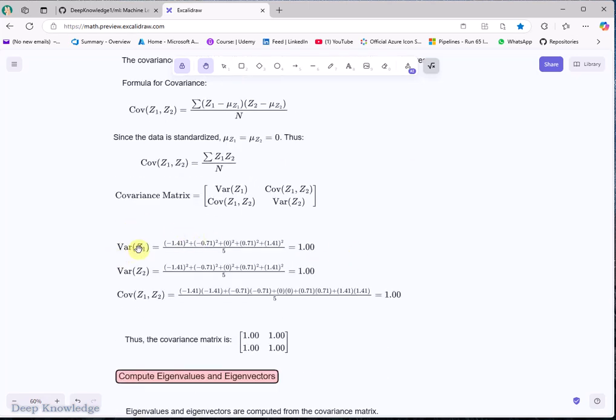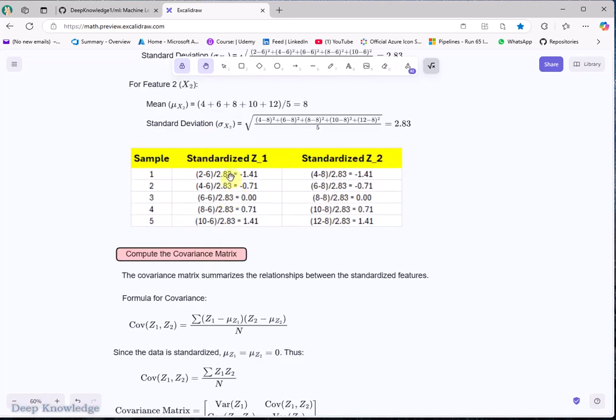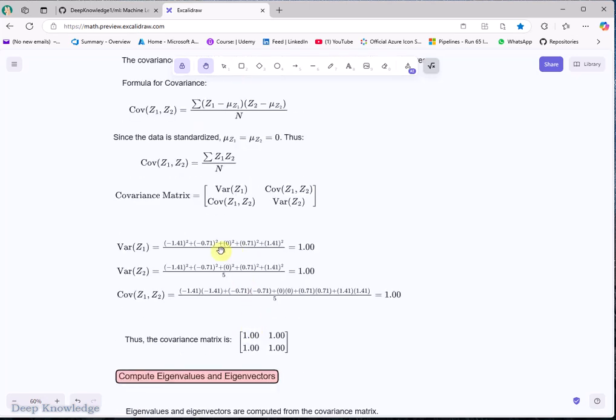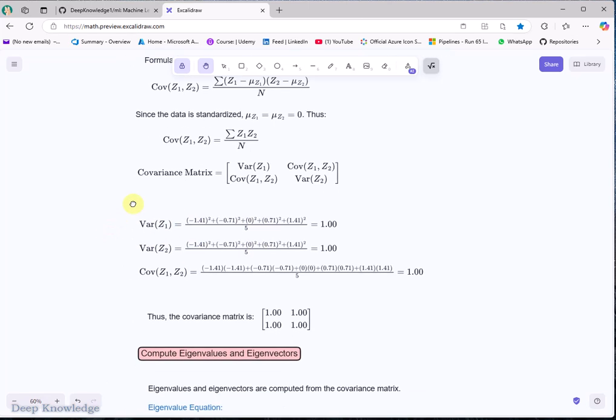We calculate the covariance by multiplying the values of these features here, divided by the number of samples, or actually the number of samples minus 1. But I just keep it like this, 5, and I already did the calculation, so it would be hard to change.